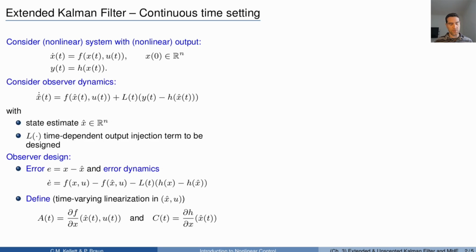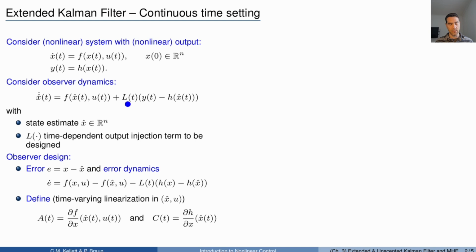But we are going to use a similar structure in terms of the observer dynamics. Namely, we are going to introduce again an estimate of the state x hat, and this estimate follows the dynamics of our model plus an output injection term L of t, now time varying.